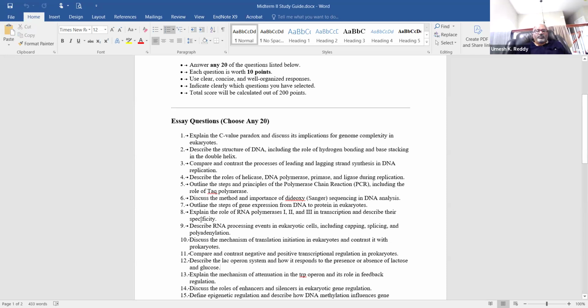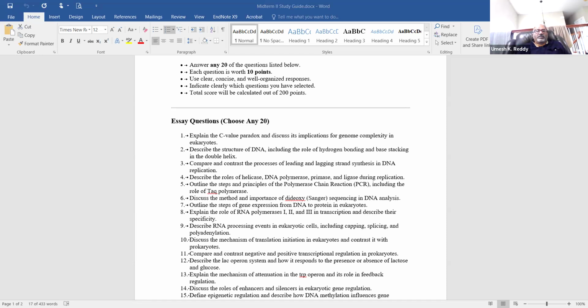Okay. So for the 8th question, the role of RNA polymerase 1, 2, 3. This is a very simple question and easy to answer. RNA polymerase 2 is for protein coding genes.